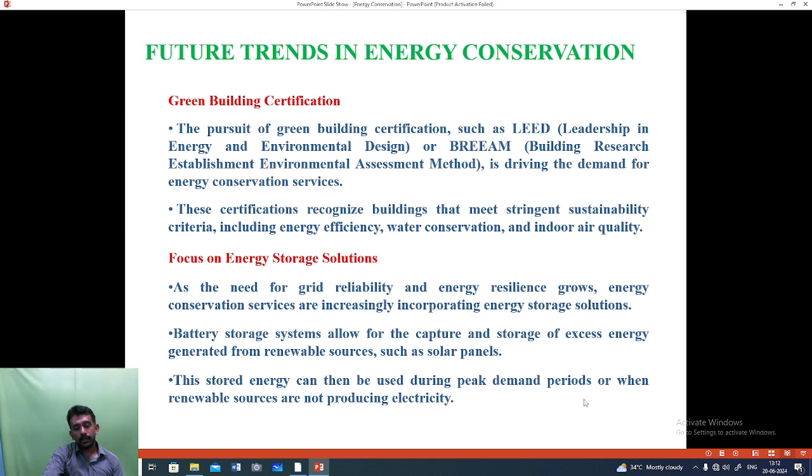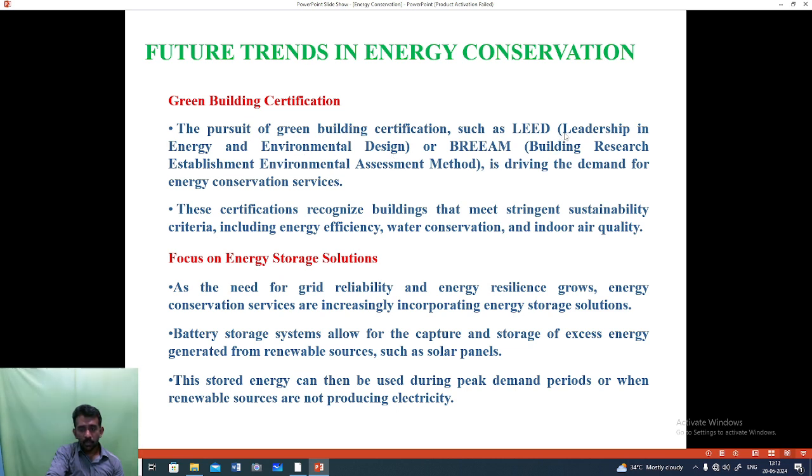And coming to the next trend in energy conservation, green building certification. The pursuit of this is one of the vital concepts that energy policy makers are undertaking. The two certificates, especially the LEED certificate and the BREEAM certificate, are highly important. This is for green building, a new concept in present day energy technology, where LEED is Leadership in Energy and Environmental Design.